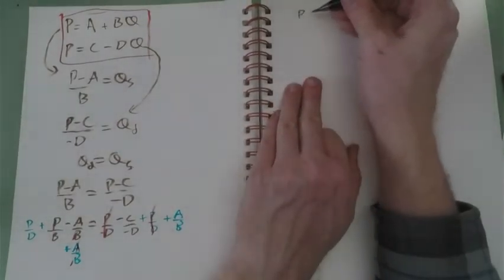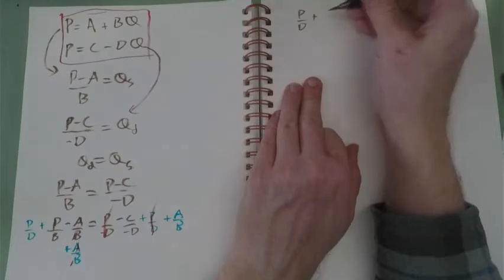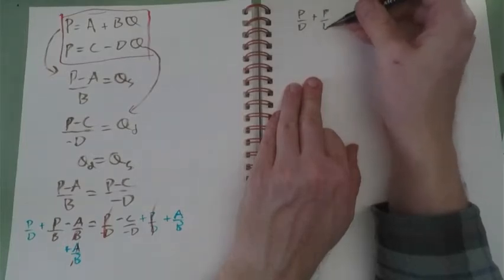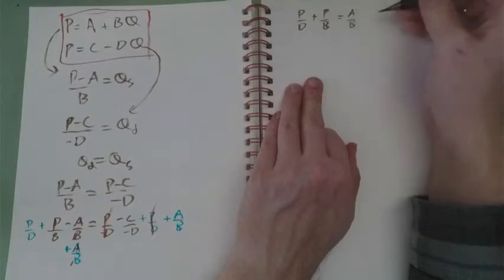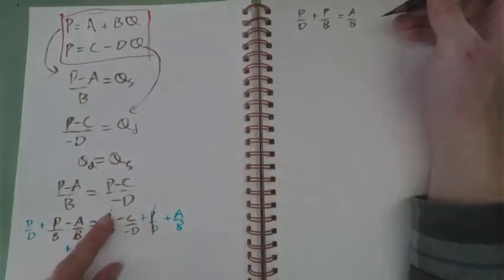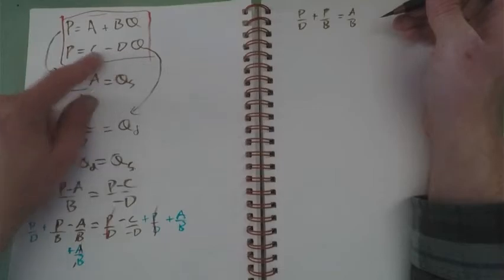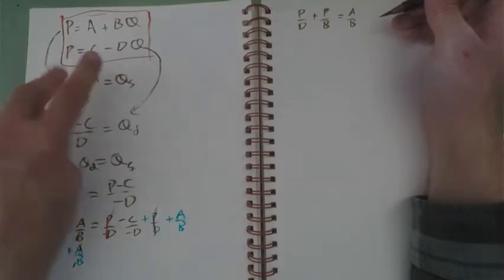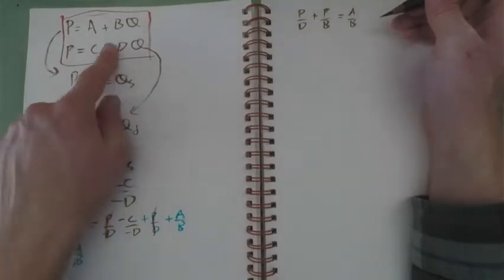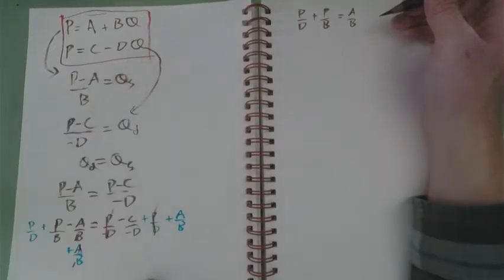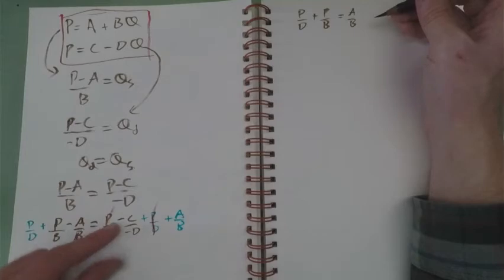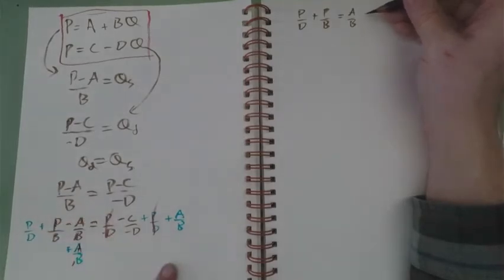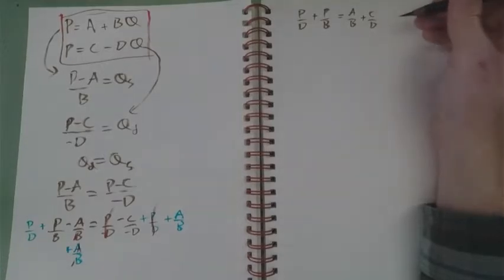We've got P over D plus P over B equals A over B. And then this is a minus C over a minus D. The C's and the D's, these are positive on their own, right? So this is minus some positive number. So minus C over minus D, well, those are going to cancel out those negative signs, right? So that's going to be plus C over D.